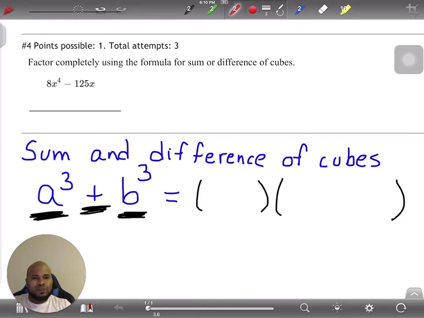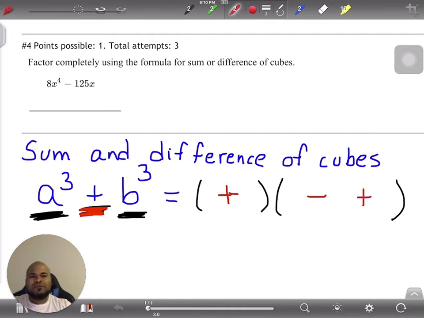So the signs that I'm going to write: since this is a binomial, I'm going to write one sign. The first sign is the same sign as my problem. So that's where that comes from. Same, but different. And the last is always positive.